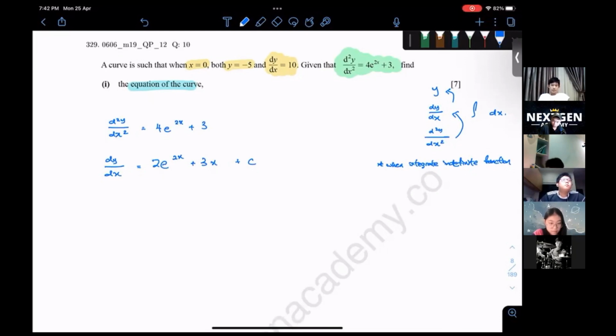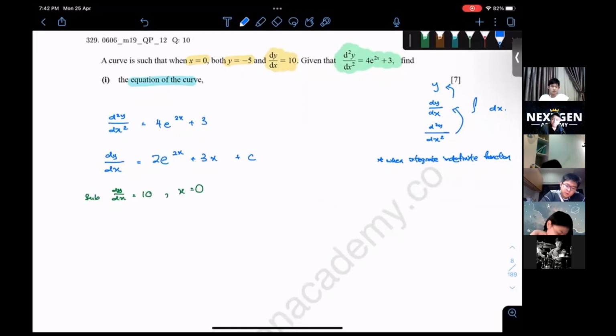Now this is the thing that you all need to take note of if you haven't done this type of question before. I want to sub in dy over dx equals 10, then x equals 0.